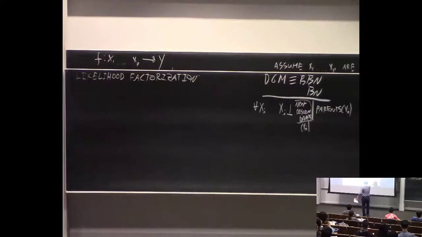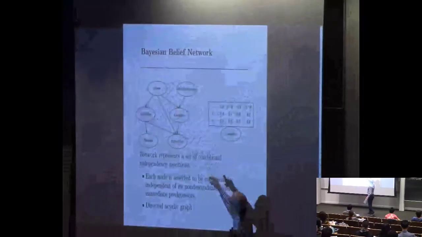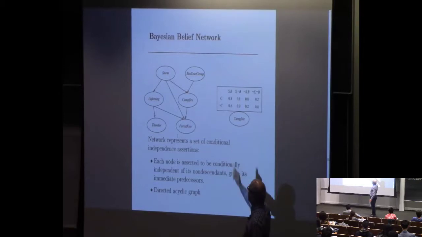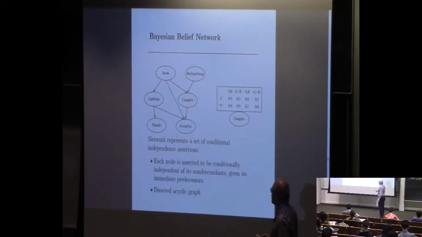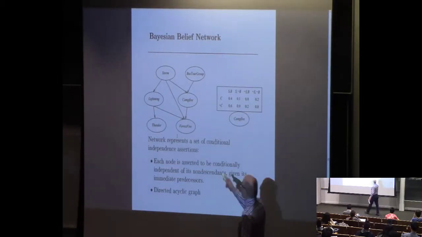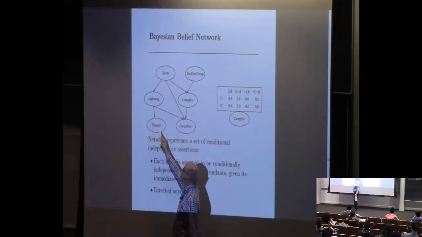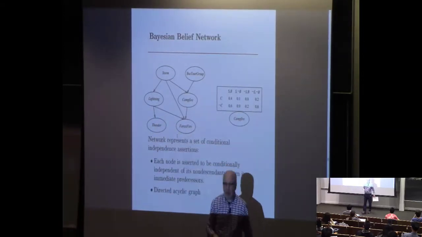So let's take an example, campfire. Campfire, when conditioned on all of its parents, namely jointly on storm and bus tour group, is independent of all the other nodes which are not its descendants. Which nodes are not descendants of campfire? Lightning and thunder. Forest fire is, of course, a descendant.